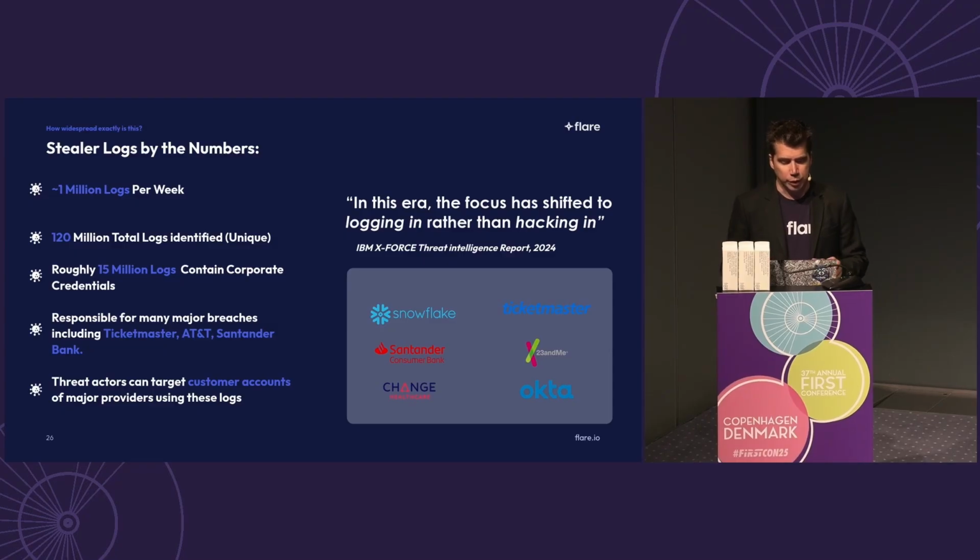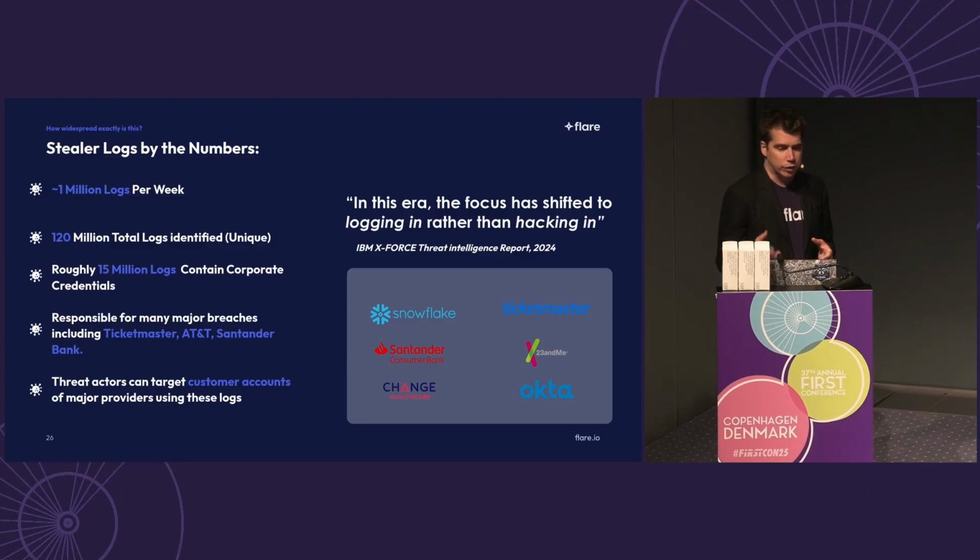So, some numbers about what we see. We see around 1 million unique logs per week, and again, if they change something, it's unique for us, but it's still pretty significant. We have around 120 million total stealer logs in our collection right now, and roughly 15 million of them contain corporate credentials.